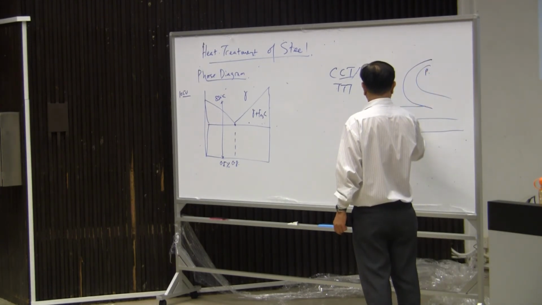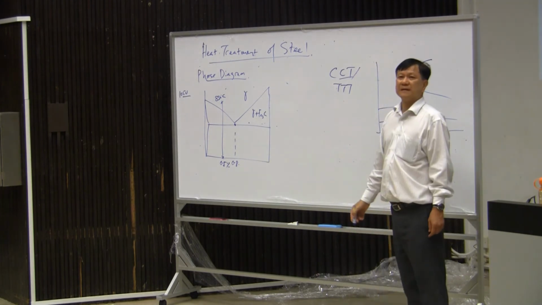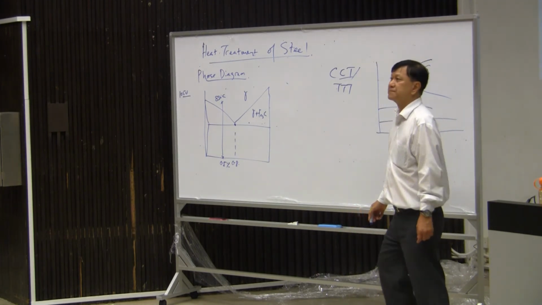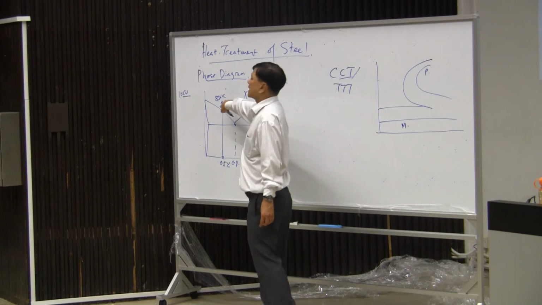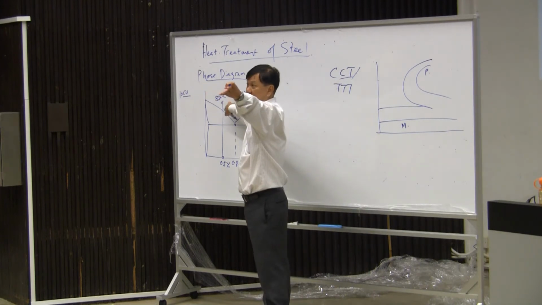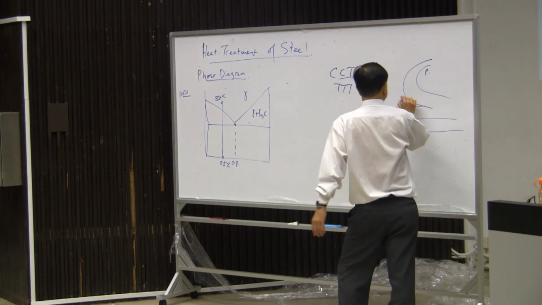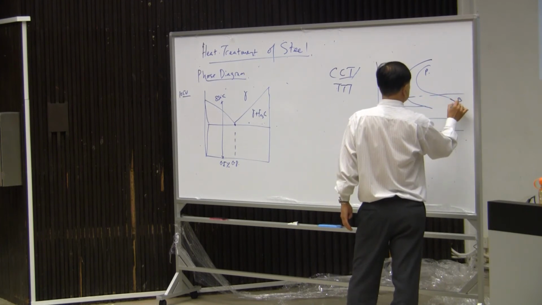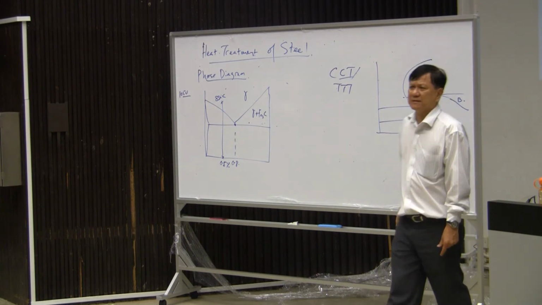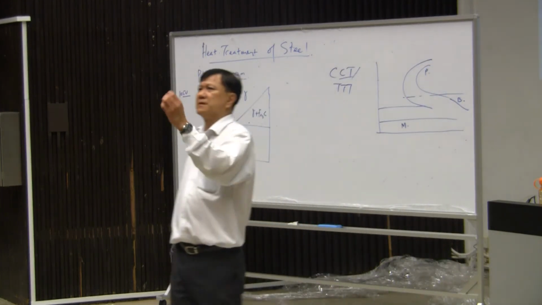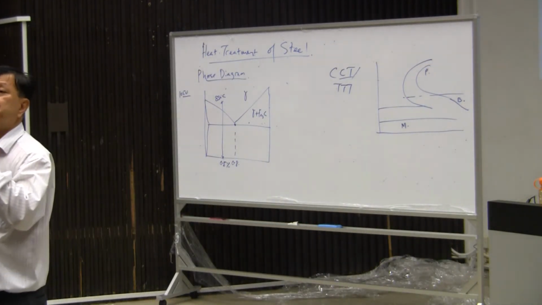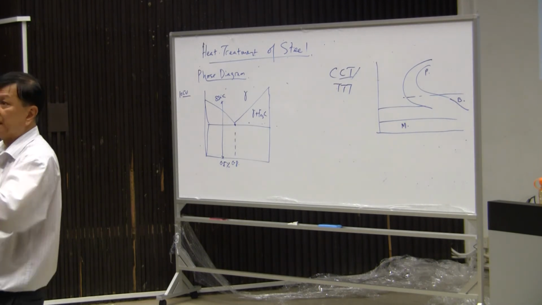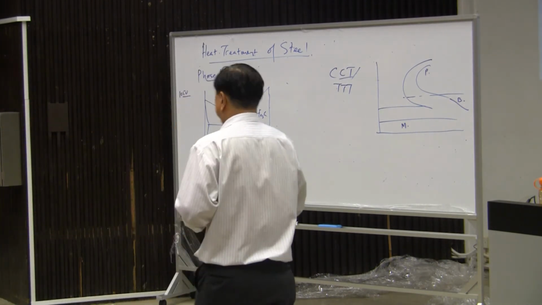Here is what? Martensite side. One more. Over here is what? B stands for what? Bainite. Okay, B stands for bainite.